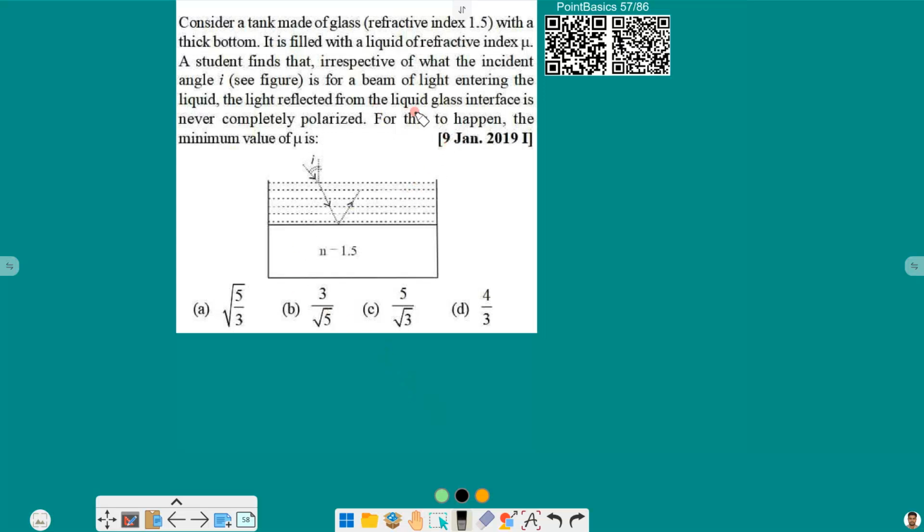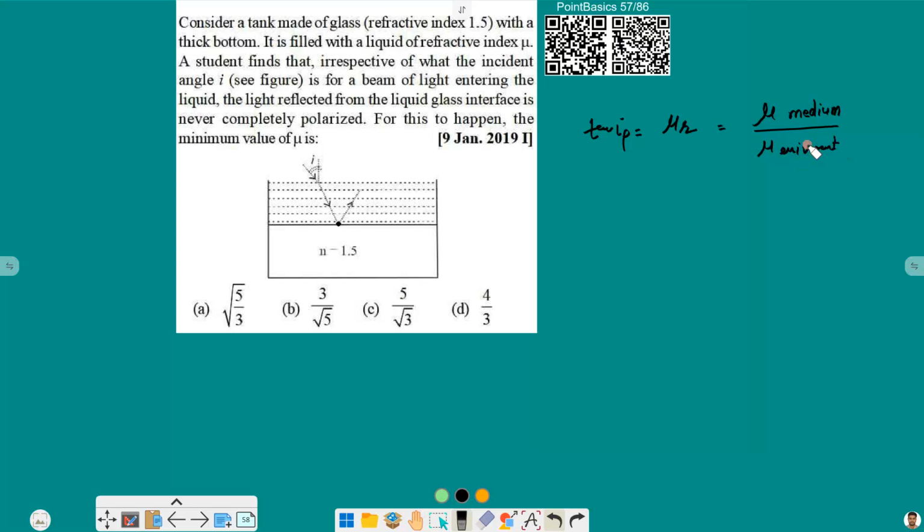Now, as per the question, it is mentioned that light reflected from this interface is never completely polarized. So it means incident light never makes Brewster angle with the normal, and we know that Brewster angle, tangent of i_p, is equal to relative mu, and that will be equal to mu of the medium by mu of the nearby environment.